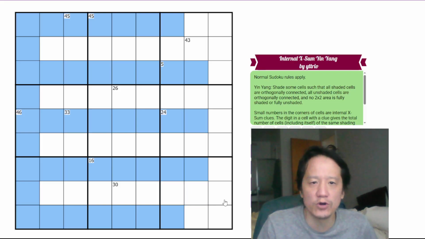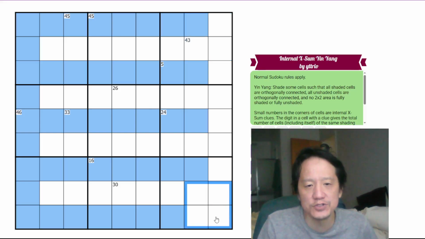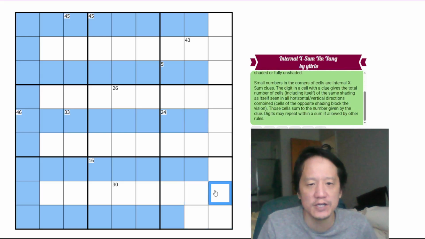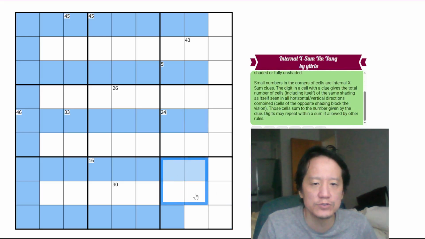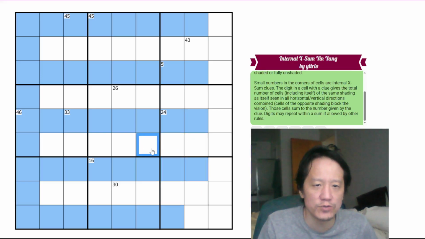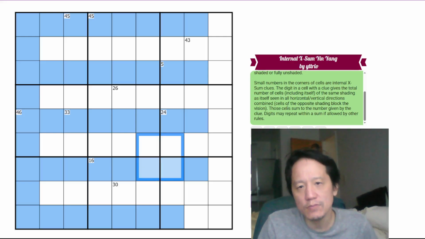And this wouldn't work anyways, because this 2x2 area is all unshaded. And we have to have at least one shaded cell and one unshaded cell in every 2x2 square in this grid. So that's how yin-yang works.